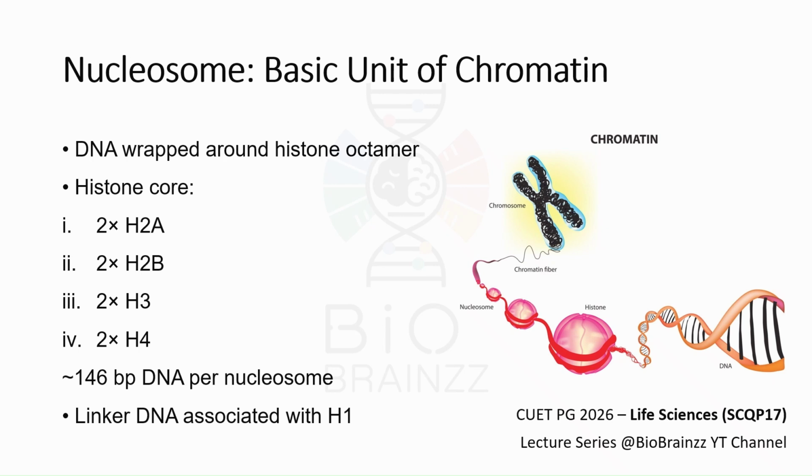So, for exams, remember these key points very clearly. Histone octamer composition: about 146 base pairs of DNA per nucleosome, and the role of H1 with linker DNA.